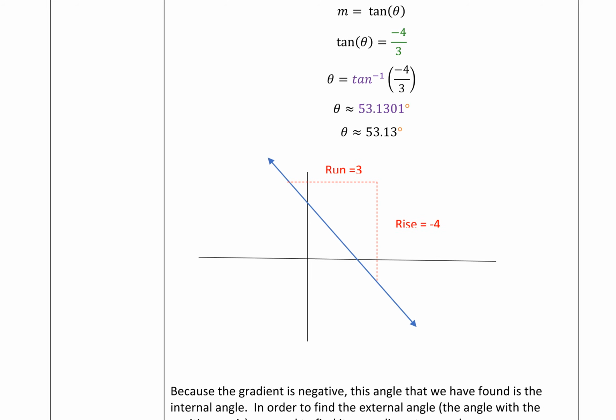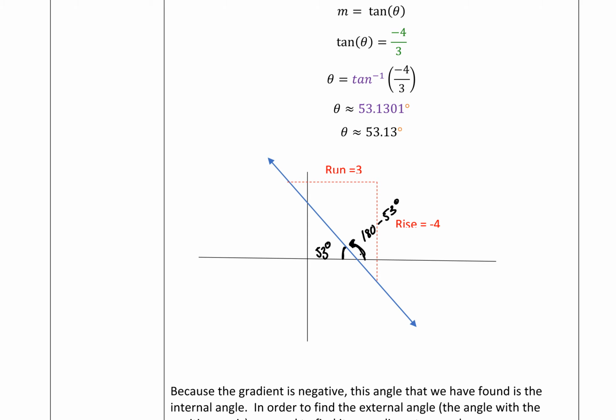Now let's think about this. That means that my inside angle is 53 degrees. So if I'm thinking about the outside angle, which I might need to consider, that's going to be 180 minus 53 degrees. So just keep that in mind.